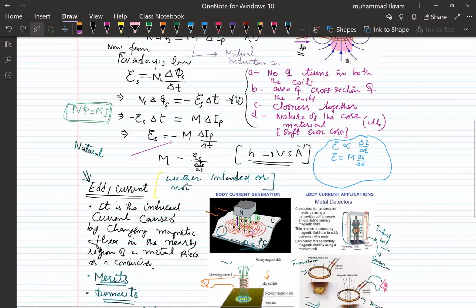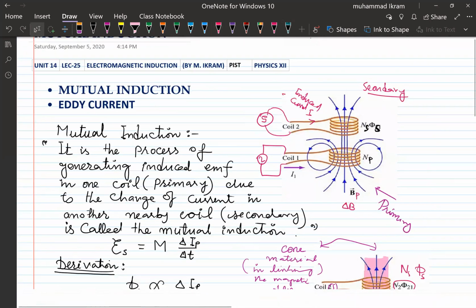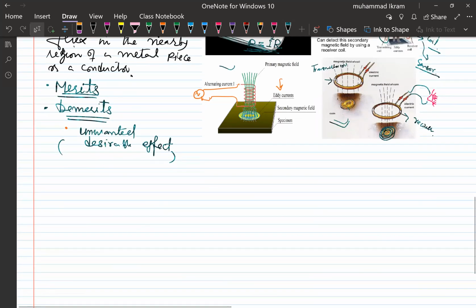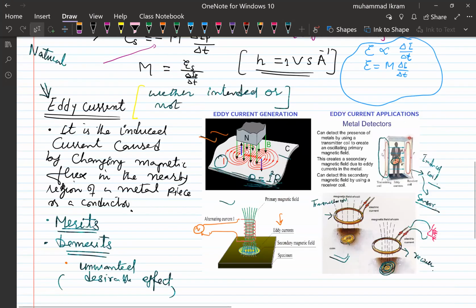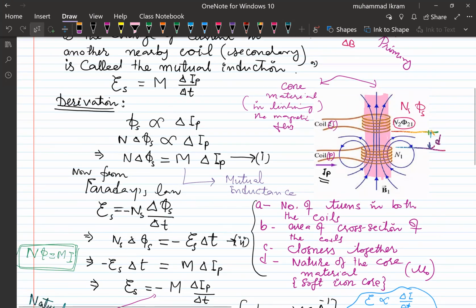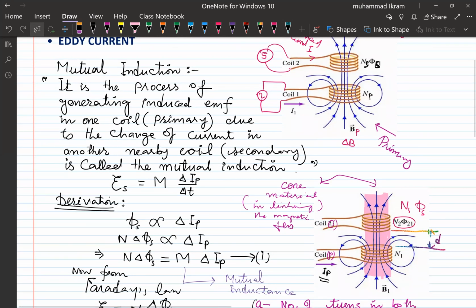So our today's topics include the mutual induction and the eddy current. So hope you might have got the idea of mutual inductance, that it is the process of generating induced EMF in one coil due to the rate of change of current in another coil.